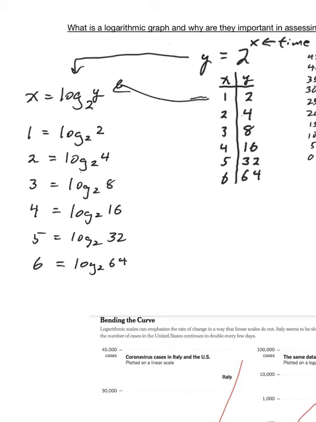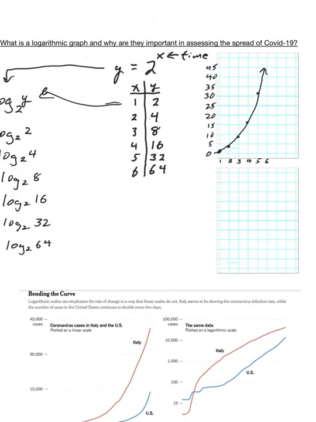Now, what we're going to look at when we go to the logarithmic graph is, instead of going up, if you notice from this graph, and these are graphs that you're used to, to get from one increment to the next, we add a number. So in this case, we added 5 plus 5.